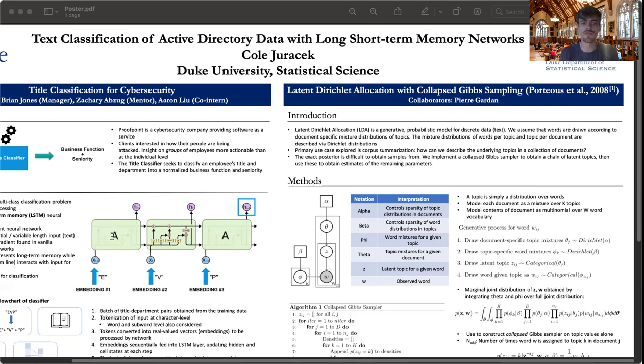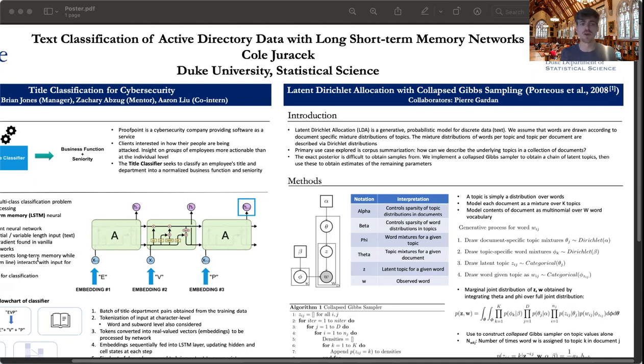Starting things off, we have the latent Dirichlet allocation, or LDA model, which I'll be referring to from this point forward. So what is it? It is a generative probabilistic model for discrete data, and almost always this is going to be text-based data.